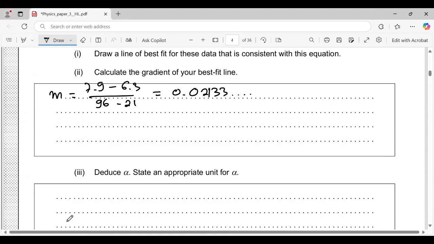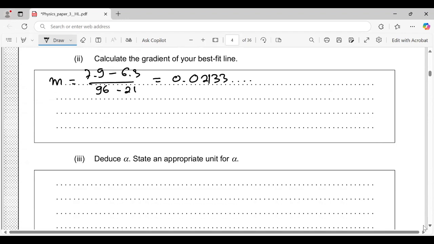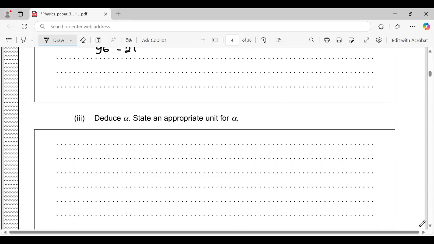Then, use alpha. State an appropriate unit for alpha. According to the information, the formula of the gradient is alpha times R0. This is the gradient.